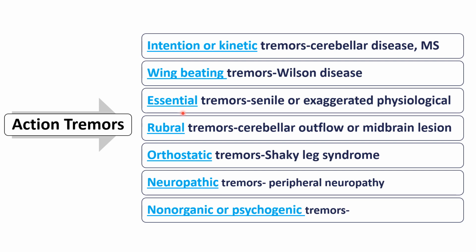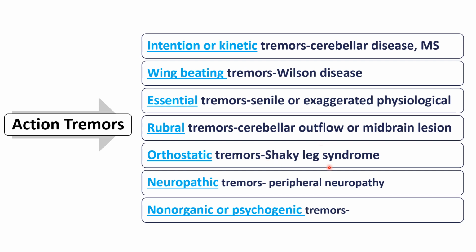Another is the essential tremor, also known as physiological or exaggerated physiological tremor. It is seen in old age, labeled as senile tremor. Rubral tremors are visible because of a lesion in the cerebellar outflow or midbrain lesions. Orthostatic tremors will be visible when the child stands, also known as shaky leg syndrome.